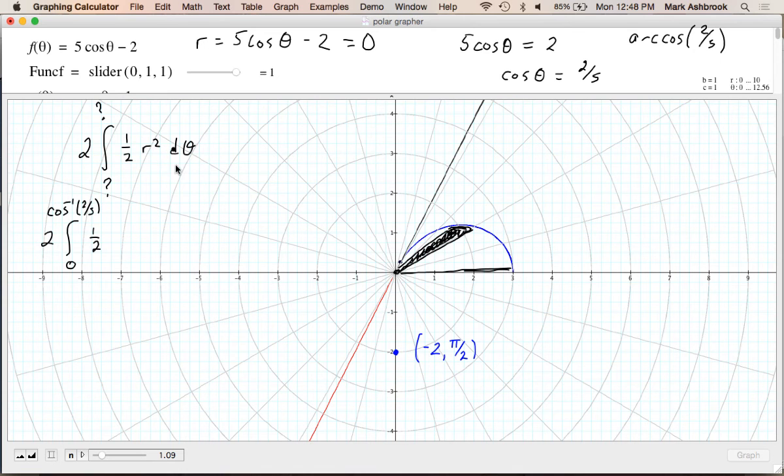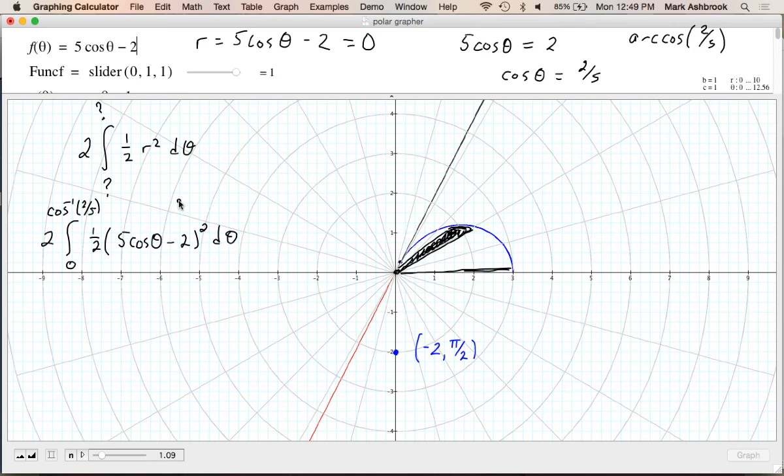Okay, but this is in terms of theta. What is r? 5 cosine theta minus 2. Right, r is always 5 cosine theta minus 2 on this curve, so we can substitute that in, squared. So there's the setup. We'll talk through how we would solve this in a moment, but let's make sure we understand the setup.